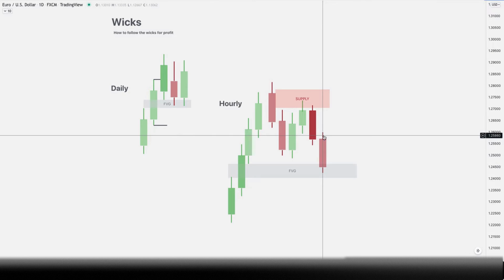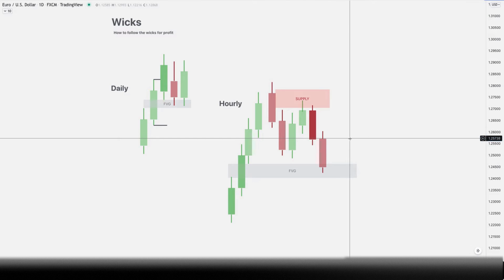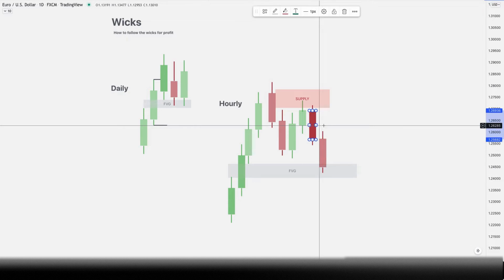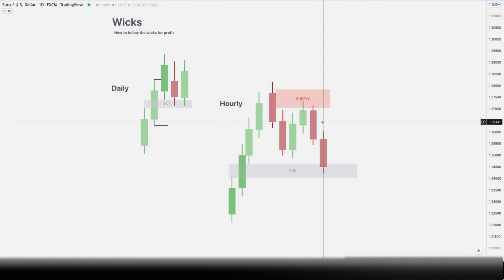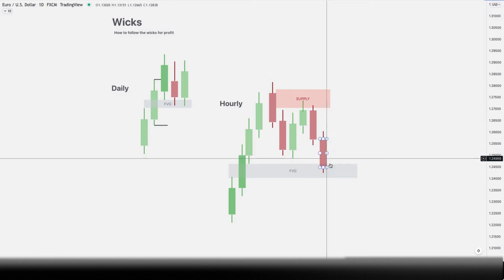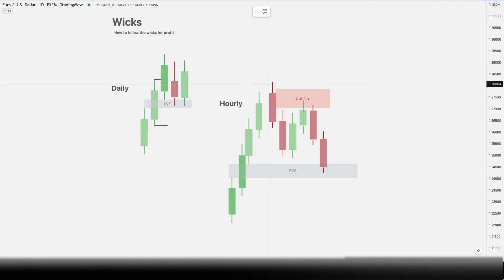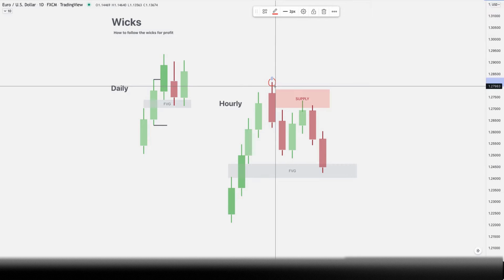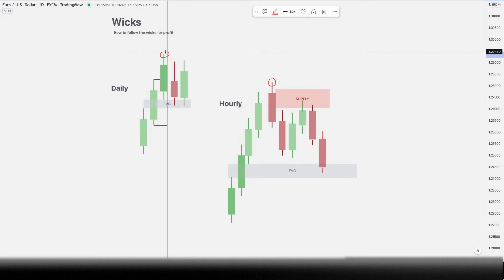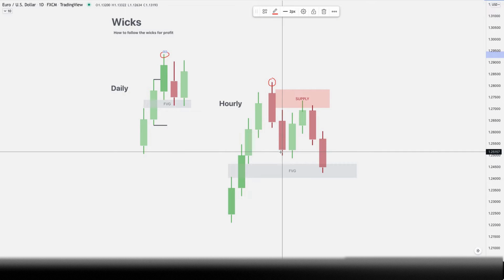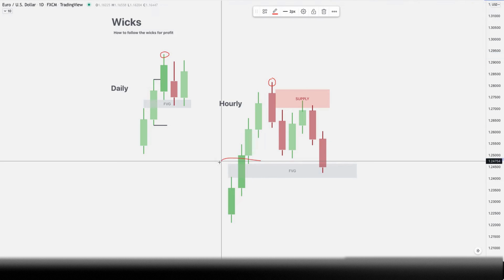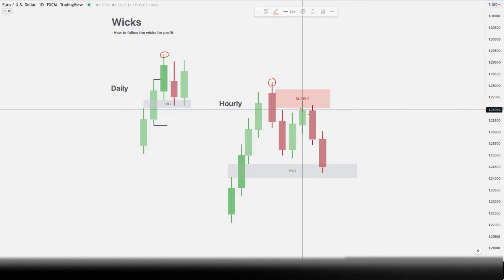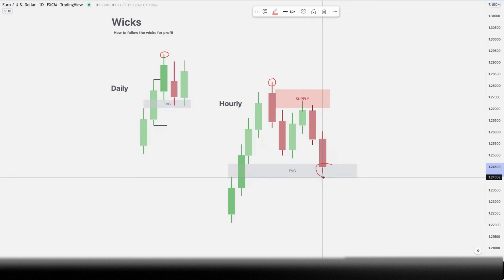But the wicks here, you guys, are powerful because when price is doing something like this, this for the time being becomes your strong high, because that's your daily. The order flow has shifted, and then we, as traders, can look for our POIs to sell to, and then we can start to look for our POIs to buy.